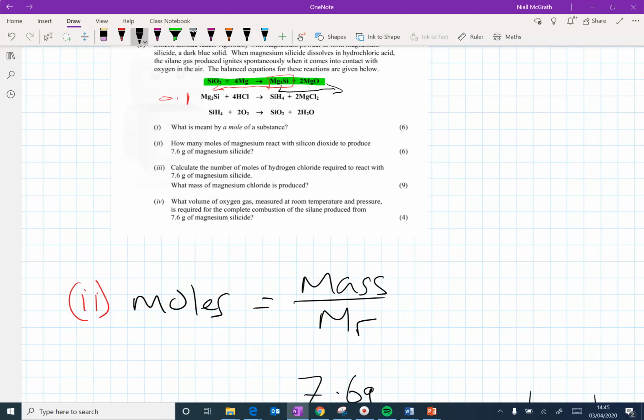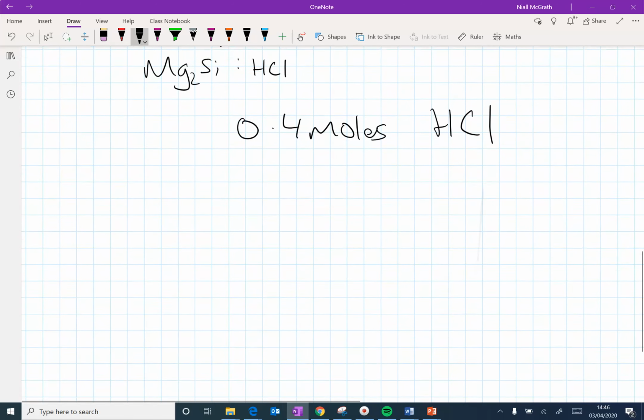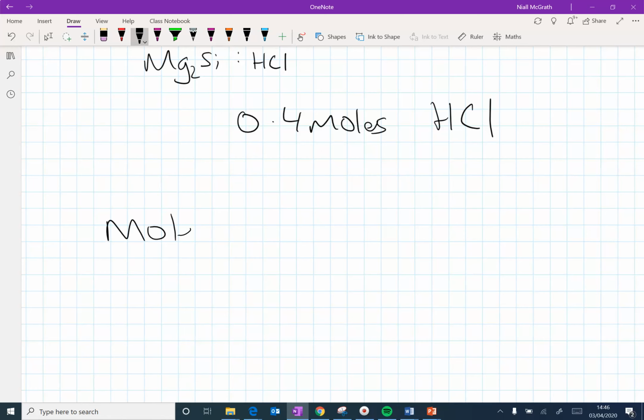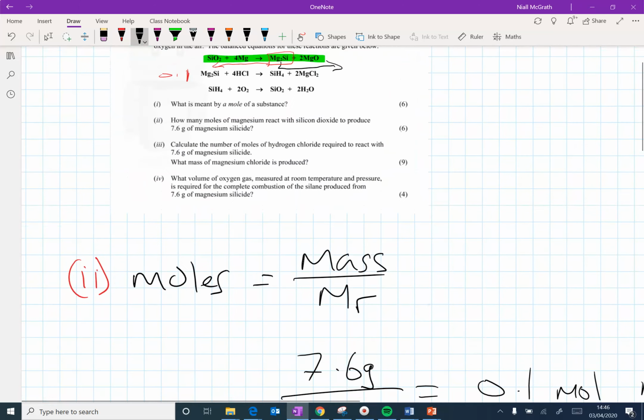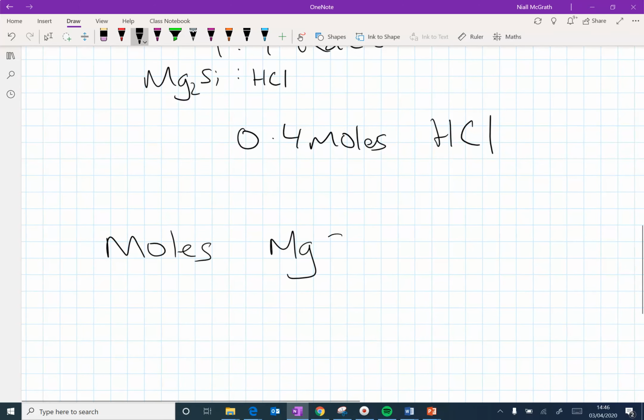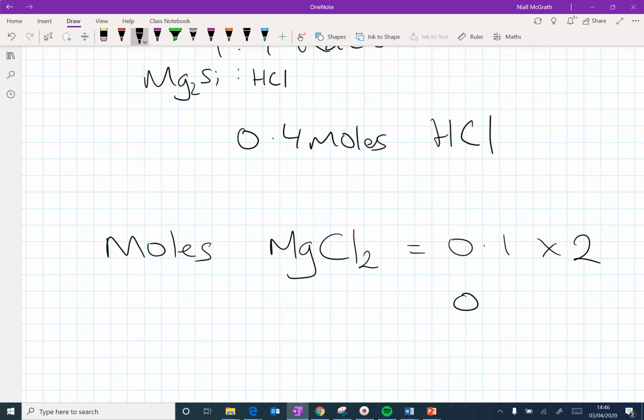So again, if we look at our balanced chemical equation, we know our number of moles of magnesium silicide, and the ratio between the magnesium silicide and the magnesium chloride is 1:2. So it's going to be 0.1 multiplied by 2 because there's a 1:2 ratio, and it's going to come out to be 0.2 moles.